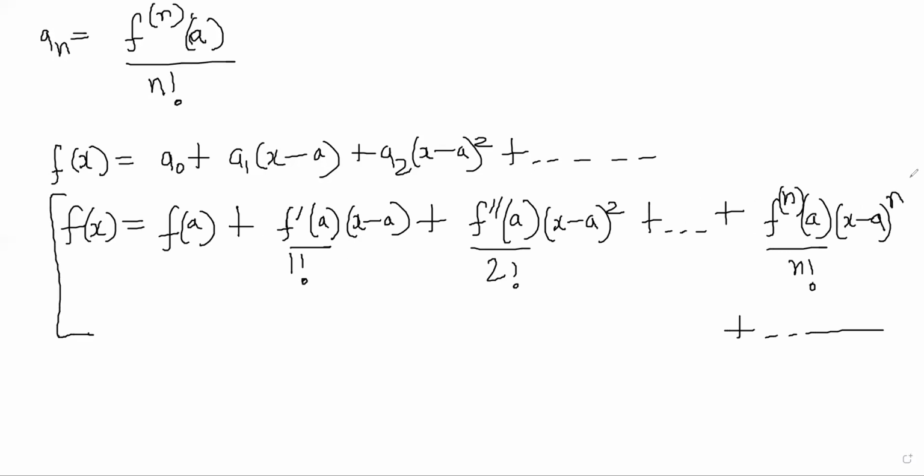This expansion is called Taylor series expansion of a function at a certain point x is equal to a, right? So Taylor series expansion at x is equal to a.